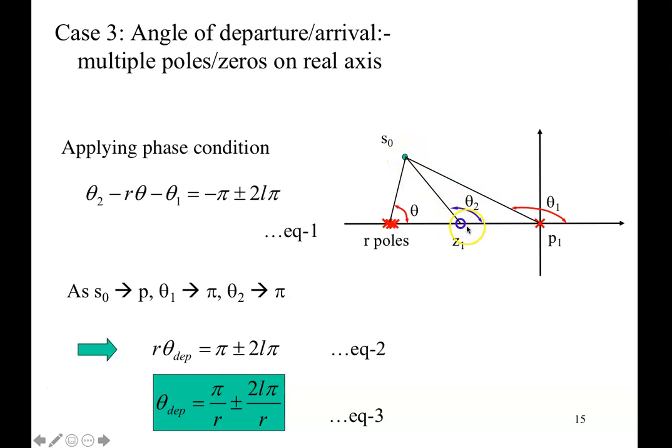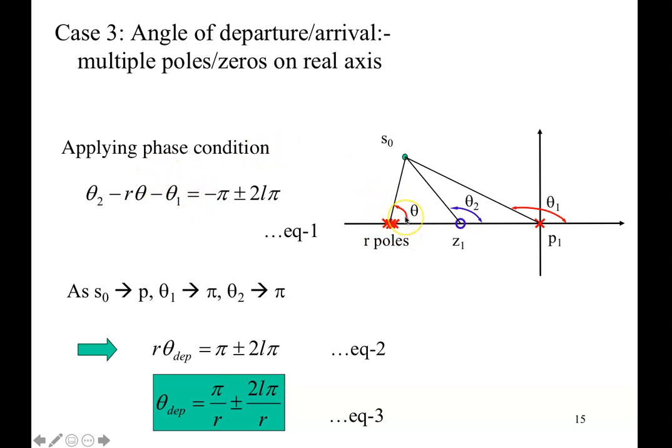So I'm going to apply that. The angle between this point and this open loop zero is theta 2, positive. The angle between this point and this multiple pole is theta, but I have R number of them, so you have to multiply that by R. So that's R theta. Every single open loop pole counts once. So if you have 5, you have to count 5 times; if you have 3, you have to count 3 times, if they're on the same point.